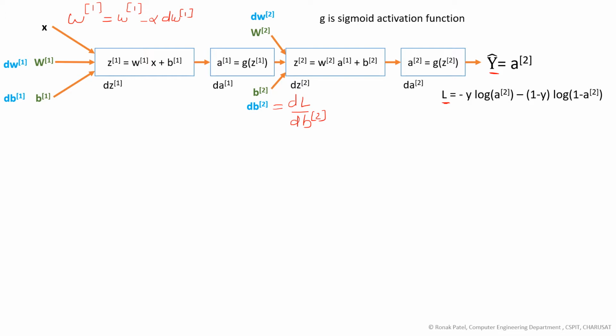Instead of A2 you can also write y hat, but as we are using that variable, it's better to write A2, right? So first, we will find out the impact of this A2 on the output or prediction.